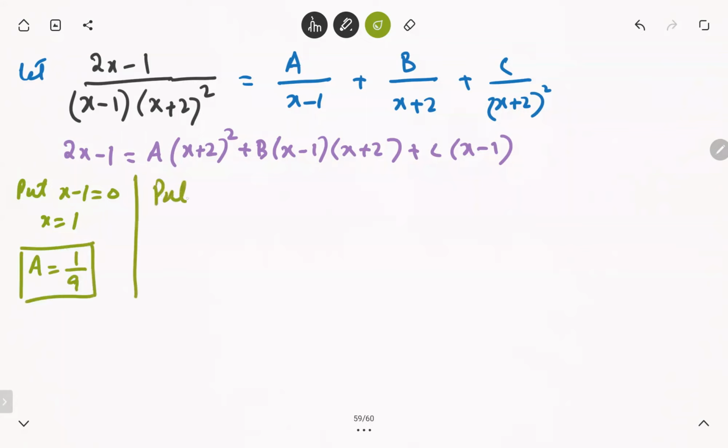Now put x plus 2 0, mean the second denominator, ये वाला. पहले आपने x minus 1 0 put किया, now put x plus 2 0, mean x is equal to minus 2.